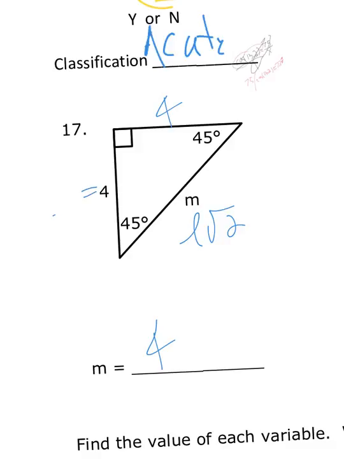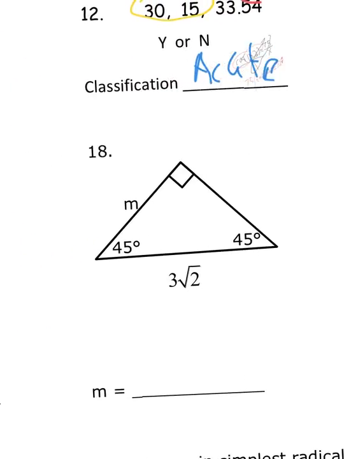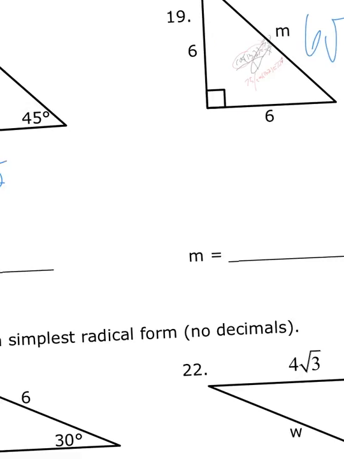These are the L sides. So my answer is 4 square root 2. That's 3 square root 2. It's across from the right angle, so it's the L square root 2 side. So therefore L must be 3. So that means M is 3. Okay, I got 6 square root 2.